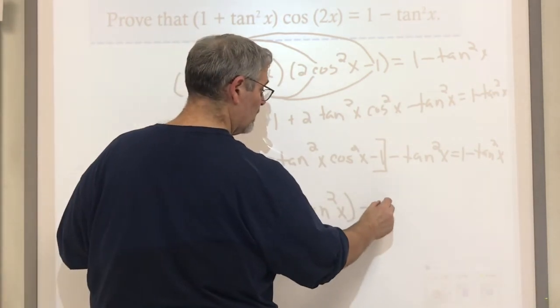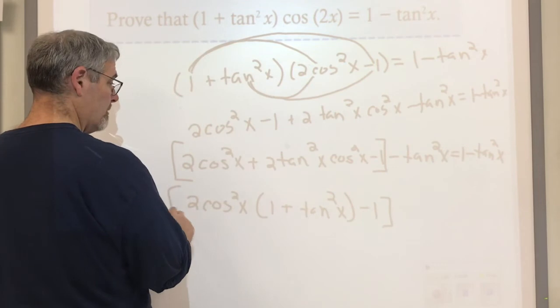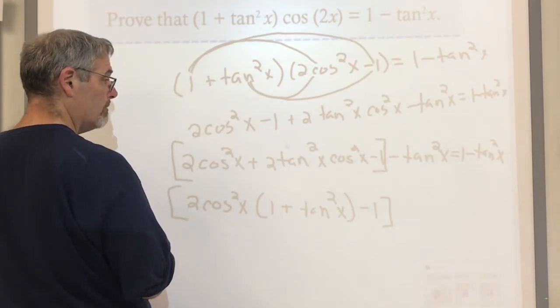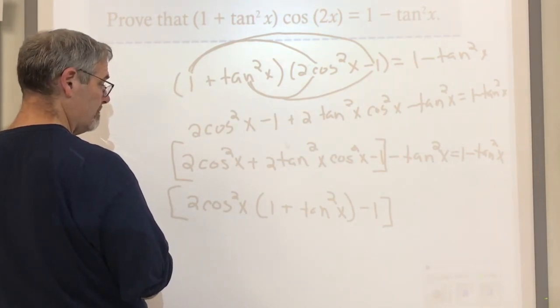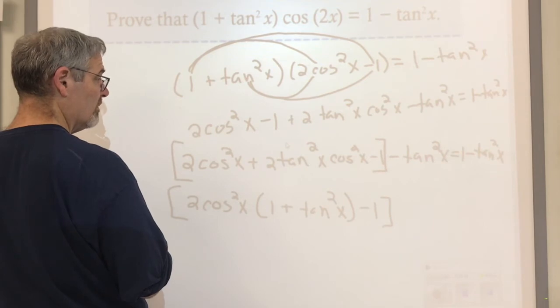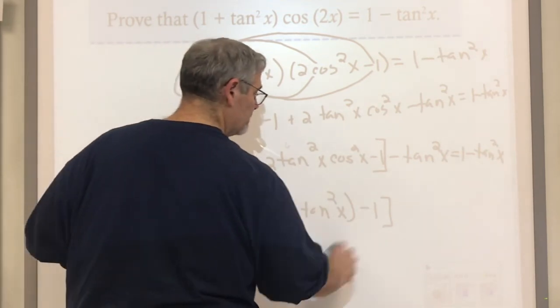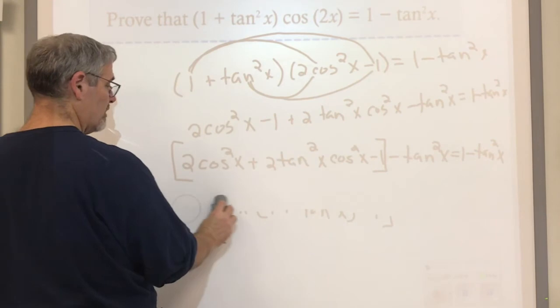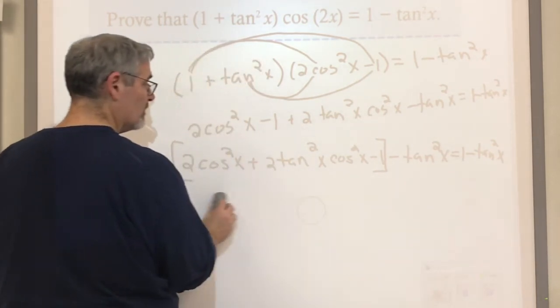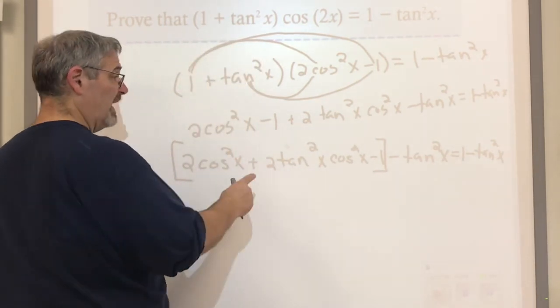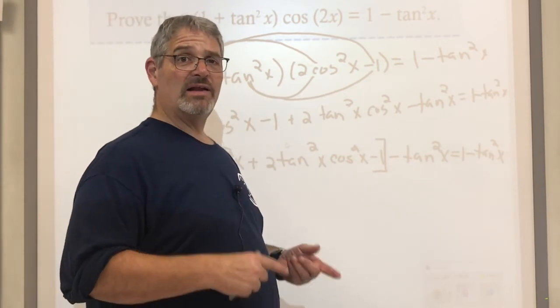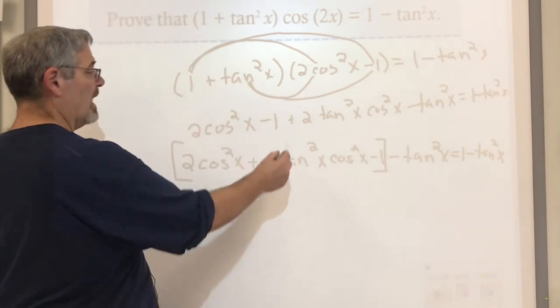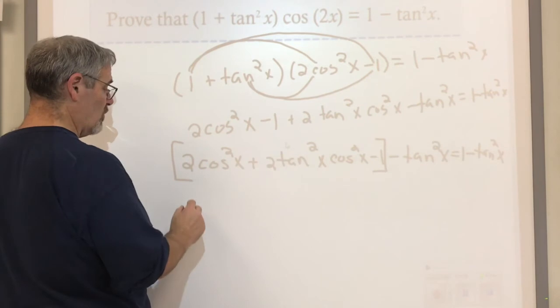Minus 1. Now, better yet, tangent we know is sine over cosine. So I'm going to rewrite this as sine over cosine.